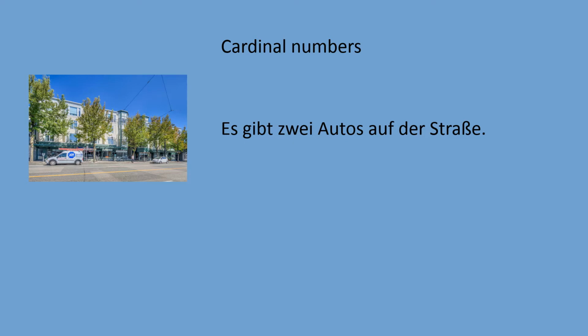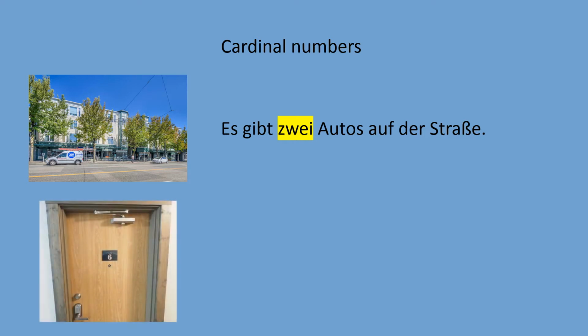So what do we do in this sentence? We describe how many cars we see in this picture, and there are two of them. So we just use the number two. Cardinal numbers give us the amount, so how many items we see. Another situation when we describe numbers of something: for example, you booked a hotel room and your hotel room has number 6.